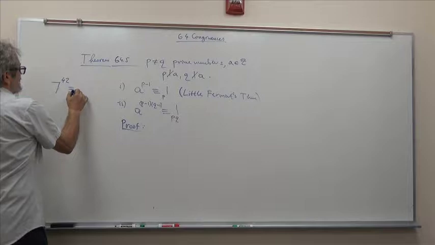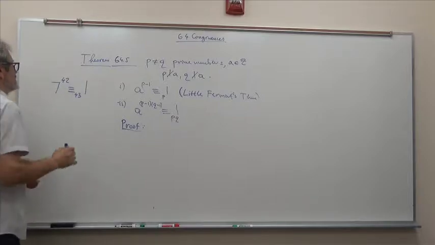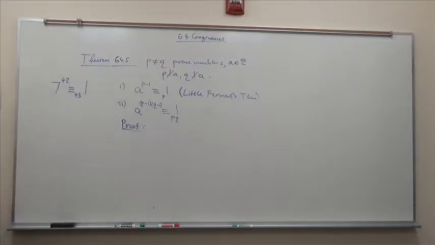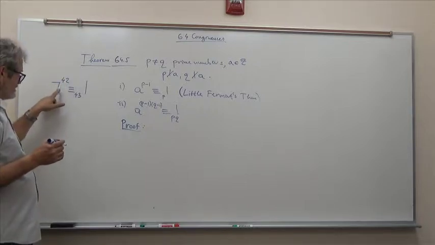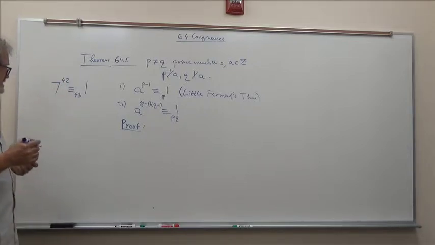And if I want it modulo 43, I have no dilemmas. 7 to the 42 is congruent with 1 modulo 43. Why? Because 43 is a prime, here is 42, and 7 is not divisible by 43. So it all matches, so little Fermat's theorem says the remainder is 1.